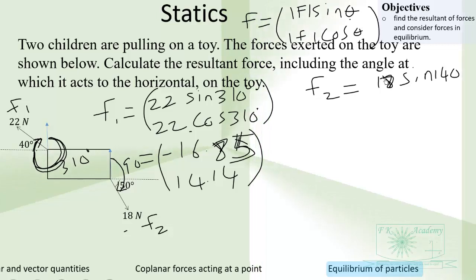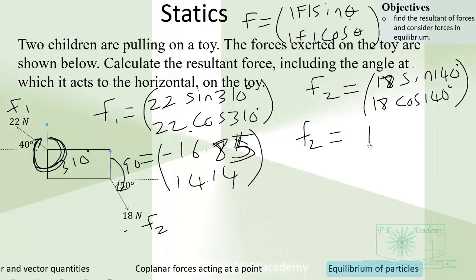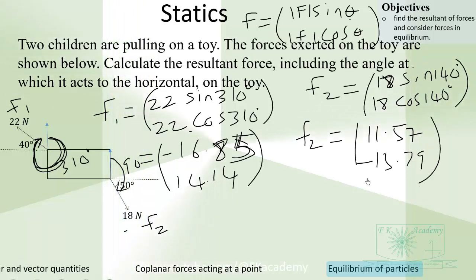Then we have 18 cos 140. So they are in degrees. So F2 will be equal to 11.57 and negative 13.79 newtons.